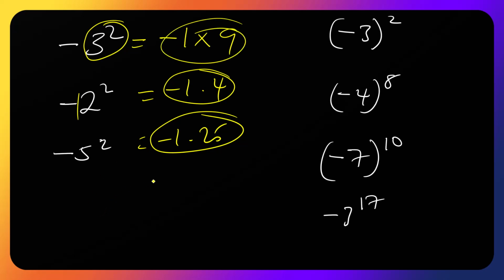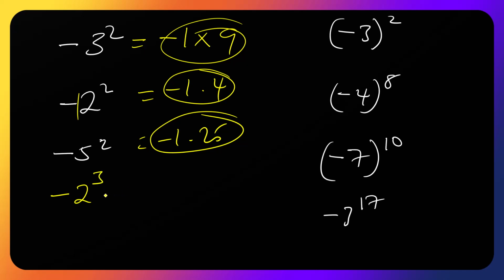All right, so if there is no bracket, irrespective of the nature of the power, being positive, being even or odd. Now let me add this minus 2 to the power of 3.